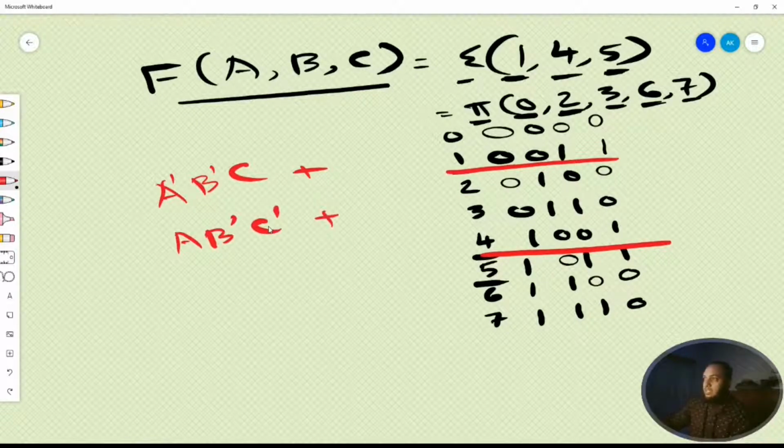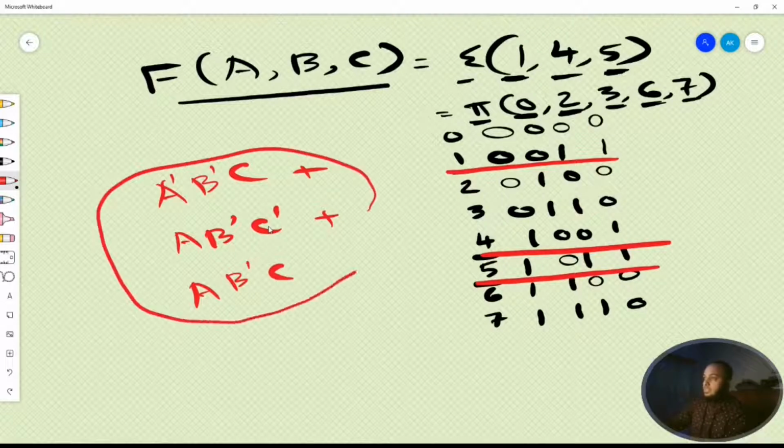Remember, we are writing the canonical form for the SOP, so we are writing the products and then taking the sum. At last for this we can write a b prime c. So this is the canonical SOP form of this function, because this function has ones in these positions.